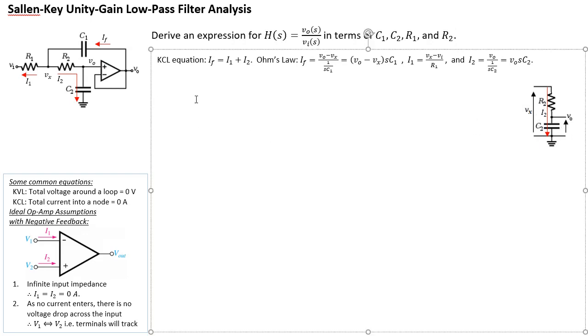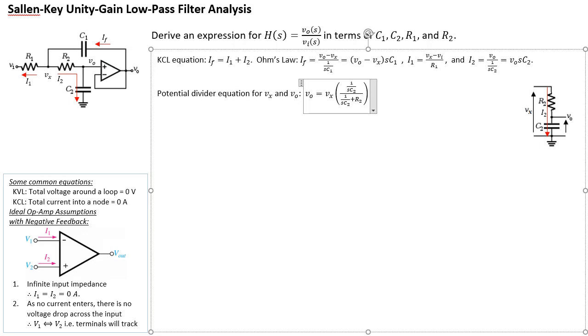Using the potential divider rule, Vo is going to be equal to Vx multiplied by the top part, 1 over SC2, the impedance of the capacitor, divided by 1 over SC2 plus R2. That's my equation for Vx and Vo.